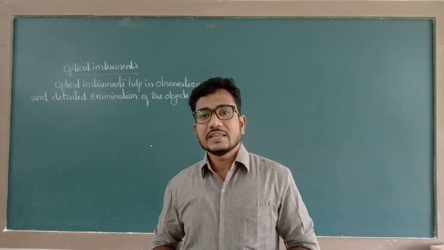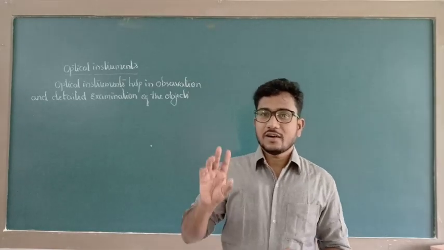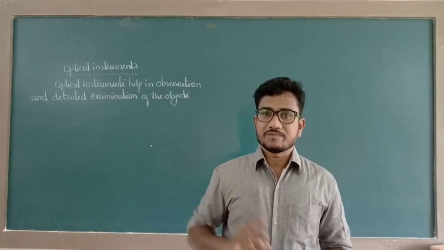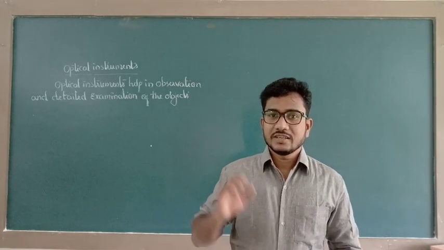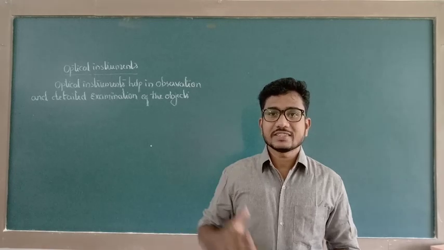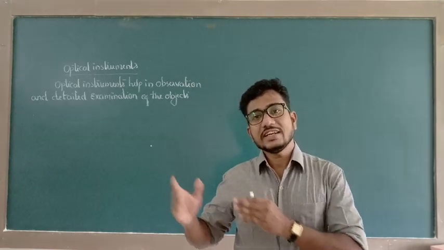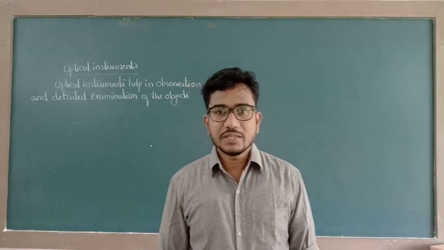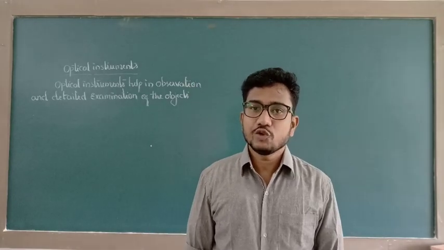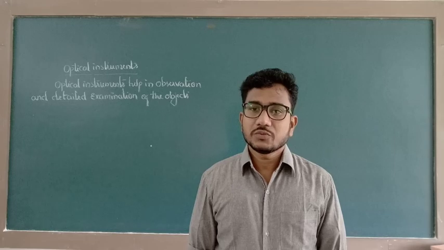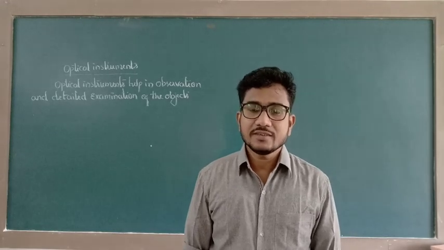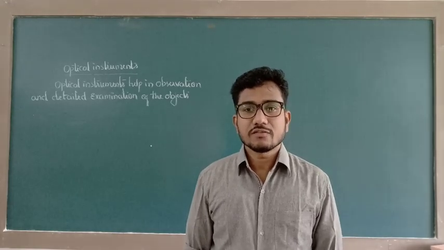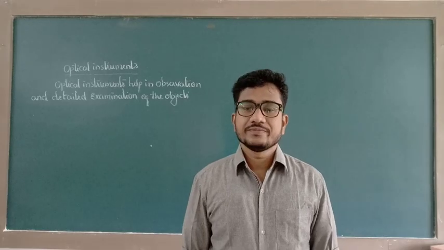So this is the least distance of distinct vision. The name itself indicates it: the minimum distance from the human eye at which an object can be seen clearly without any strain.